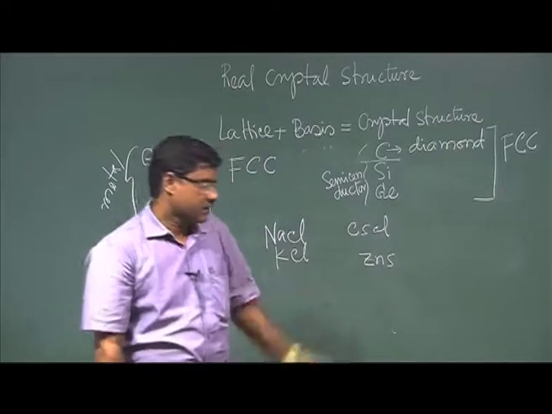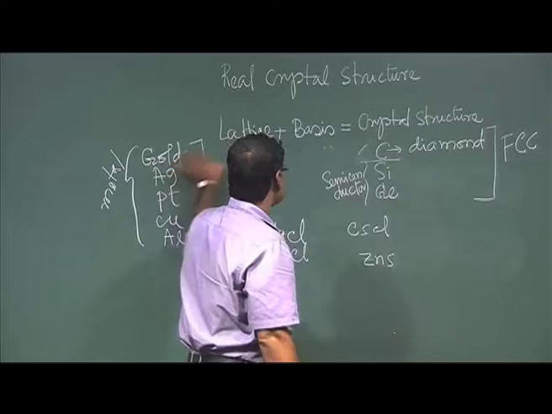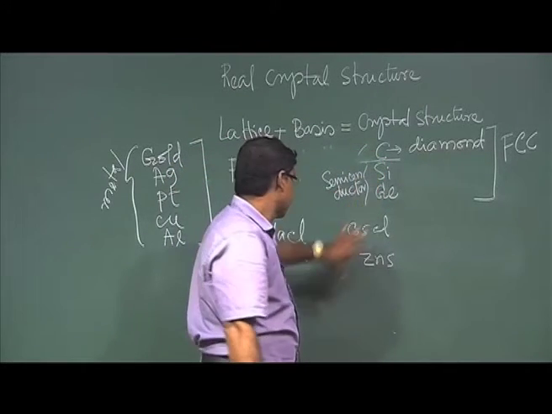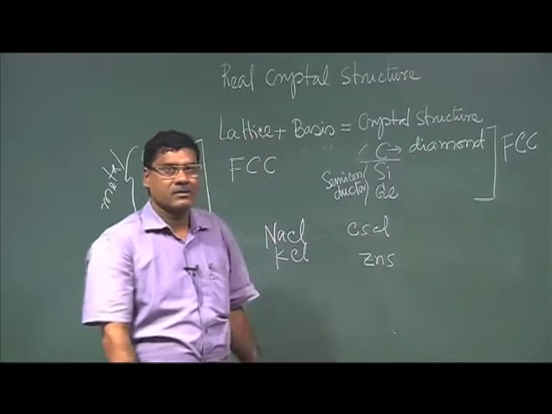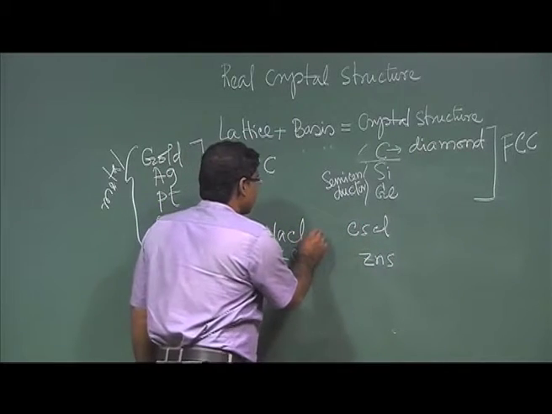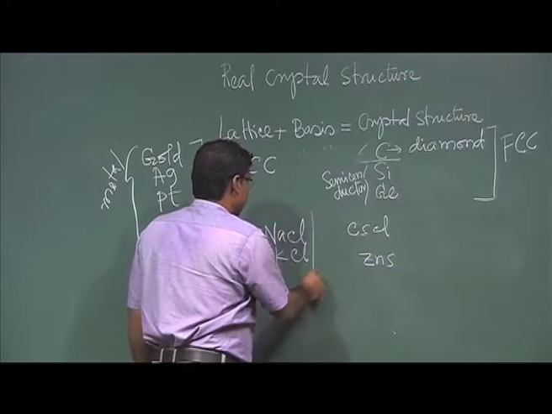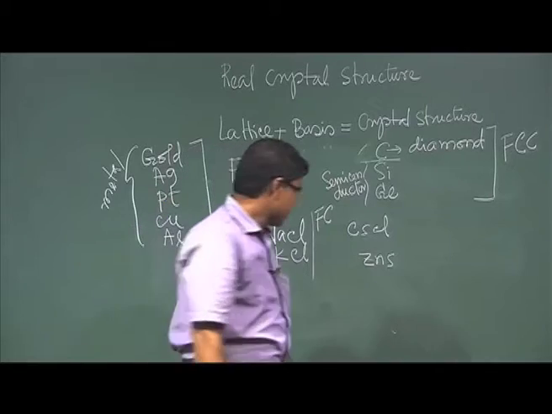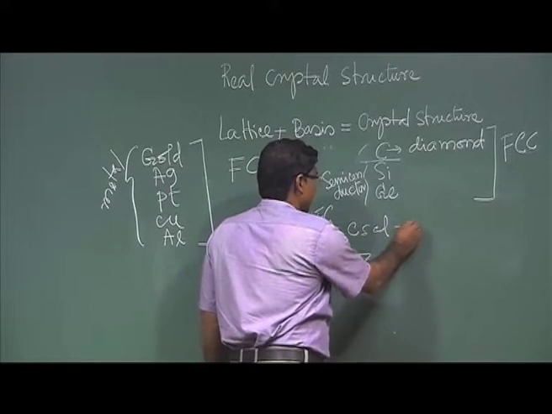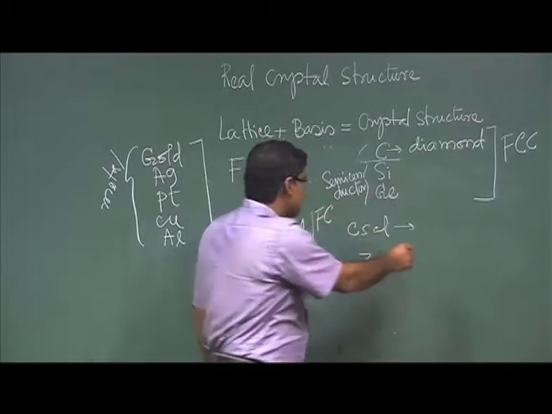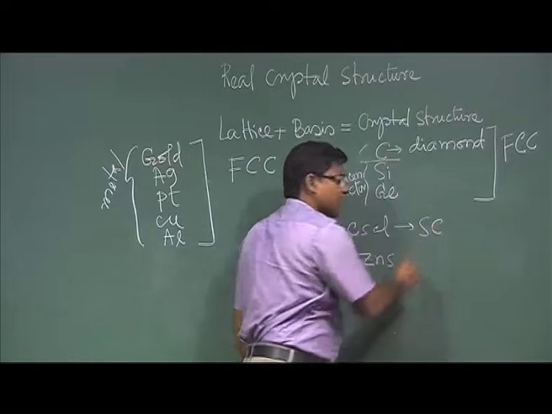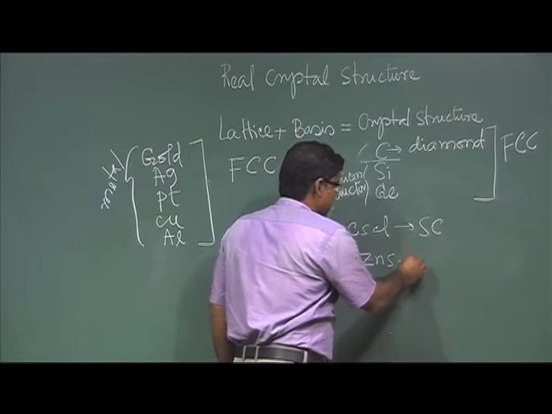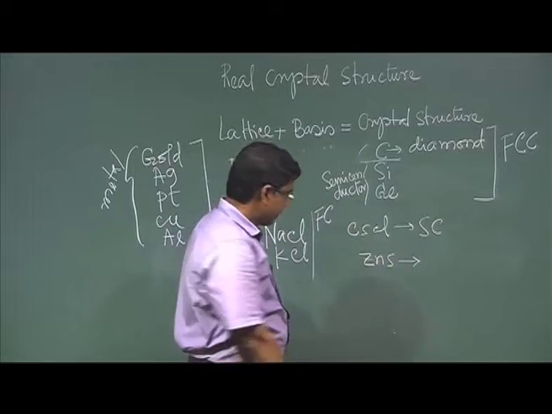So, here we have seen this made of pure atom, okay, but here this combination of atom. So, these two are having again FCC structures. These are having I think simple cubic, and these are having zinc sulphide. These are having FCC.